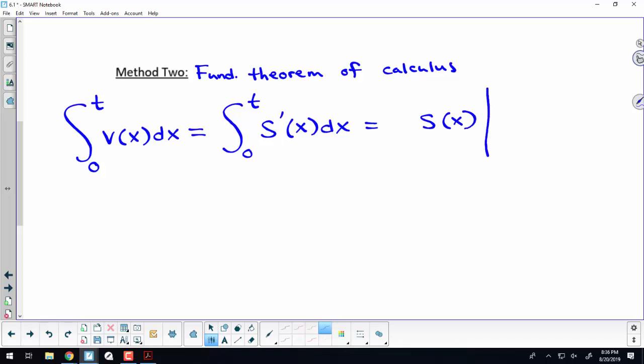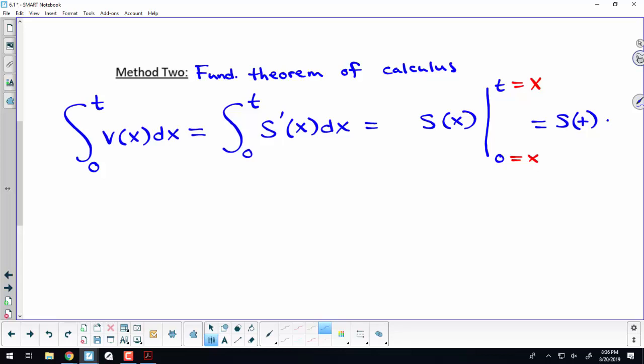We found the antiderivative, so all we need to do is evaluate this. And again, this is an x value. So we're evaluating from x equals 0 to x equals t on s of x. And what that would give us, we plug in the upper limit, s of t, and then we subtract off the lower limit, right?